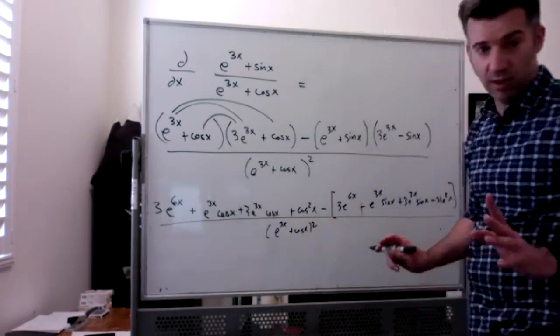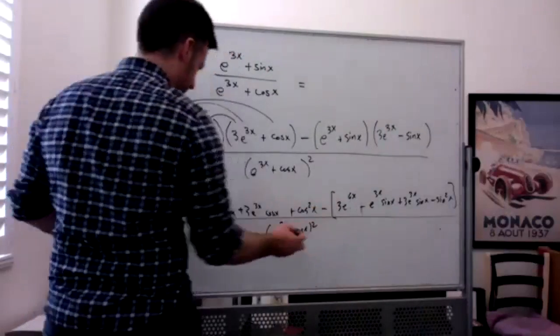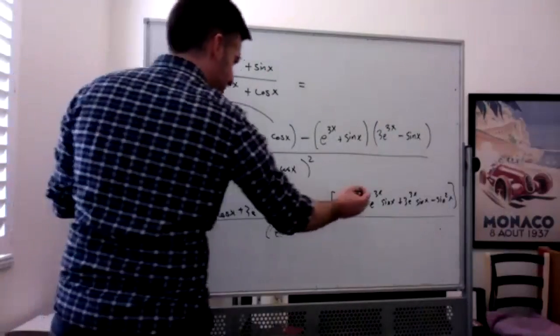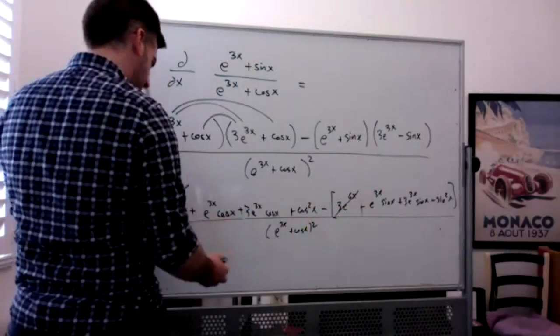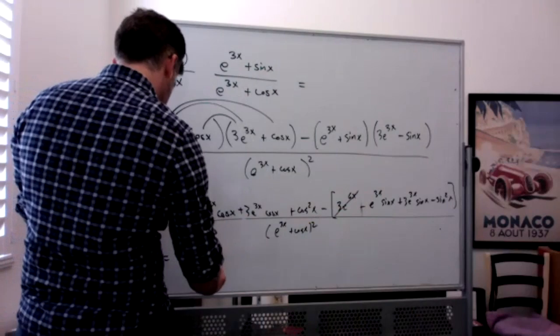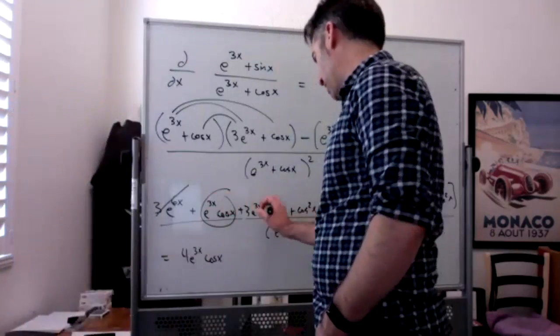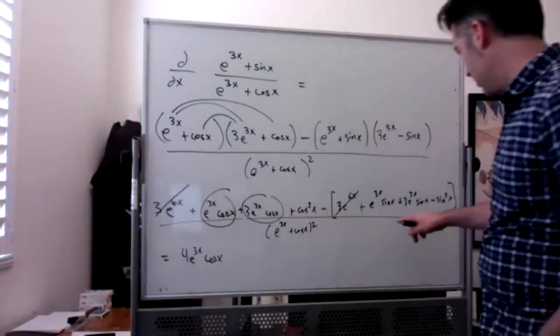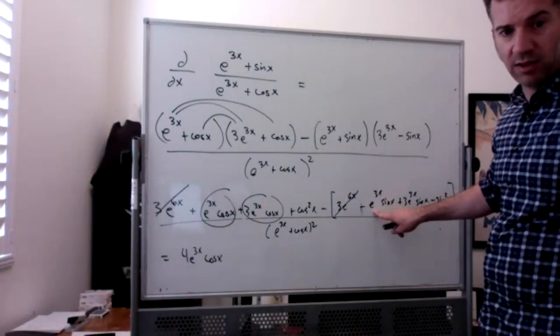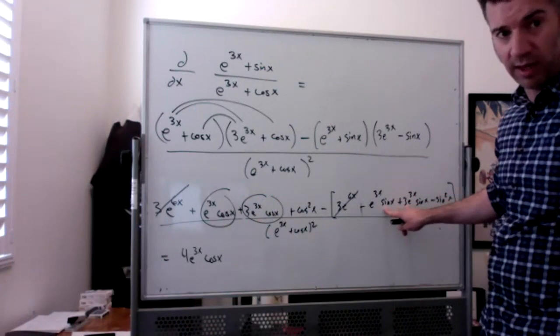But check this out. So here's what happens. 3e to the 6x minus 3e to the 6x cancels out. You can combine this as 4e to the 3x cosine x. Okay, we're taking care of that and that. And then minus e to the 3x cosine x plus 3e to the 3x sine of x is 2e to the 3x sine of x.